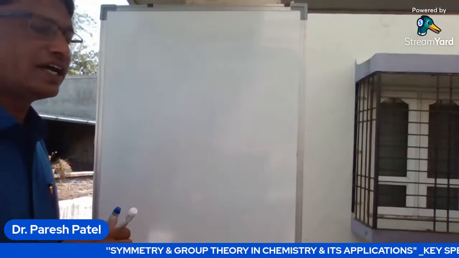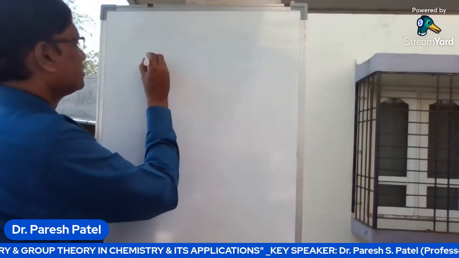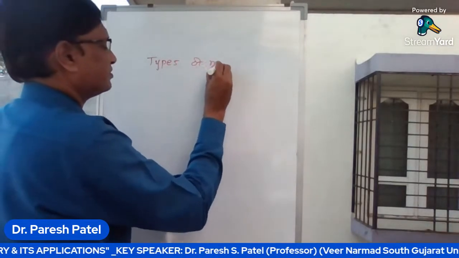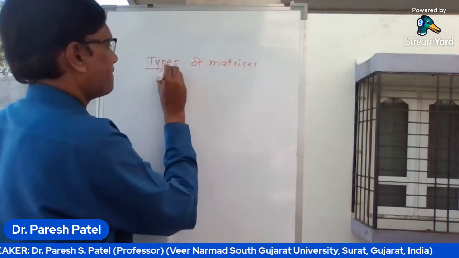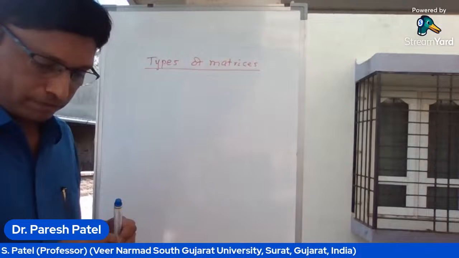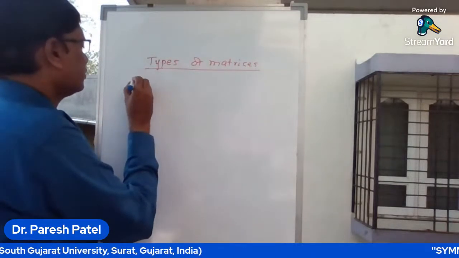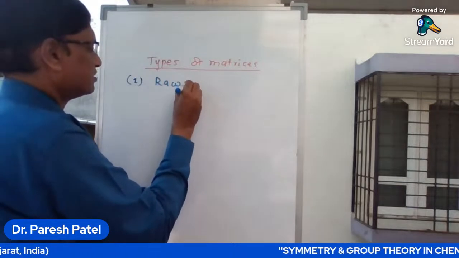Now the next title, and this title is important for our exams, that is types of matrices. The first type of matrix is the row matrix.